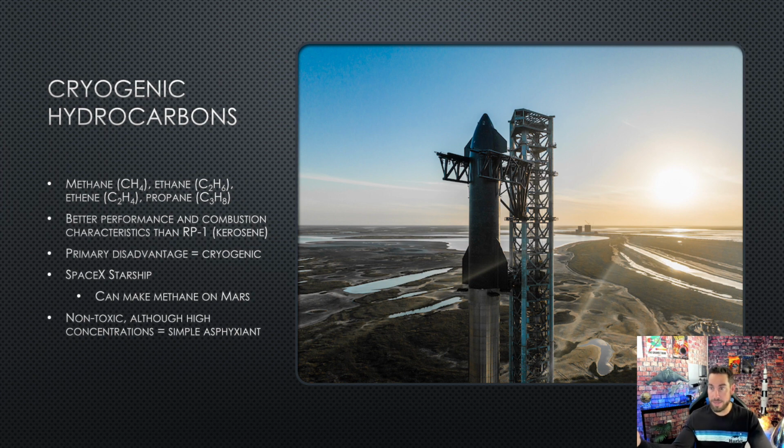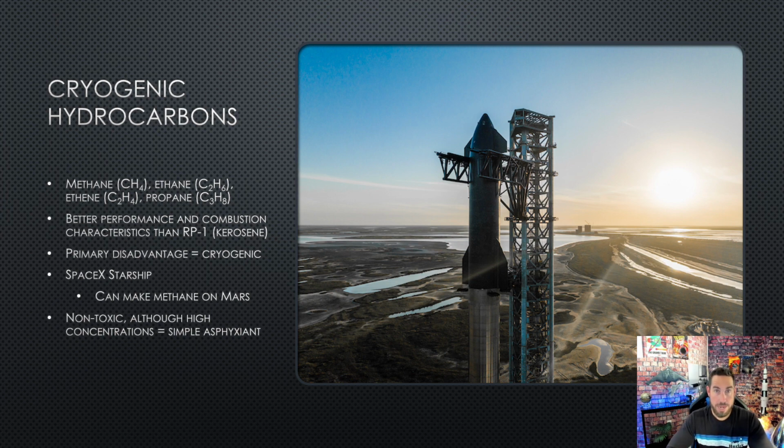But if you look at methane, you can make methane on Mars actually pretty easily. You send the Starship to Mars, you land, you immediately set up a solar structure, and you start to generate solar electricity on the surface of Mars. With this, you can send carbon dioxide through electrolysis, which then, when you mix that with the water from the ice that's on Mars, you generate methane.